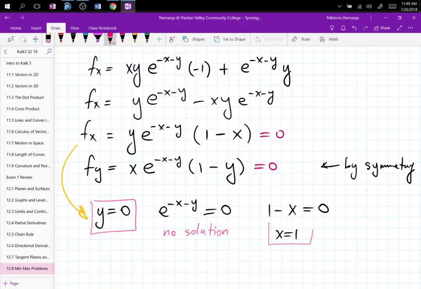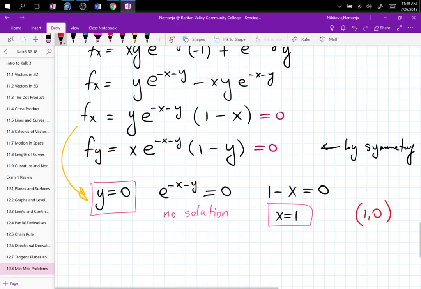So from the first equation we already have a critical point (1, 0). Now we solve the second equation here, the second set, and we get the same stuff. x equal to 0, e to the negative x minus y equal to 0, and 1 minus y equal to 0.